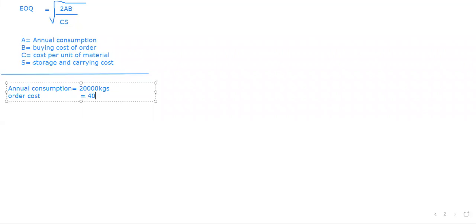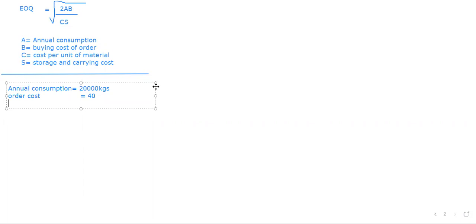So now when we come to the sum, the information is provided, and we only need to substitute in the formula. The annual consumption they gave is 20,000 kgs. So throughout a year they need 20,000 kgs. The order cost they give is 40.